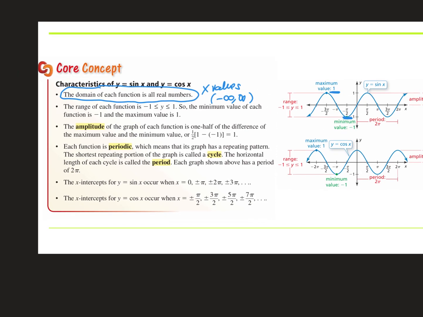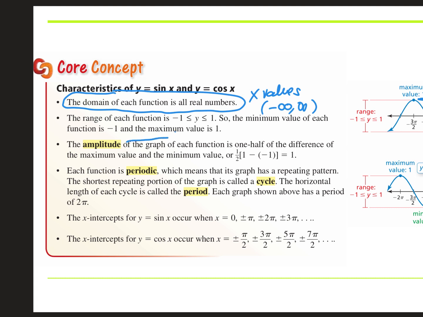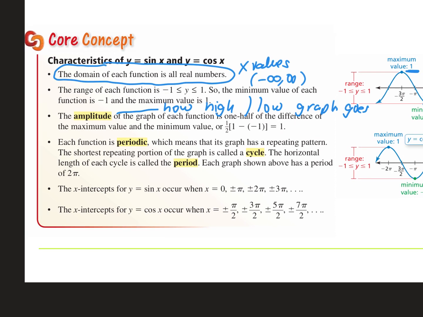So the amplitude is how high and low the graph goes. And I'll talk about where that is in the equation, how you can figure it out. It's not that hard. Each function is periodic, which means its graph has a repeating pattern.